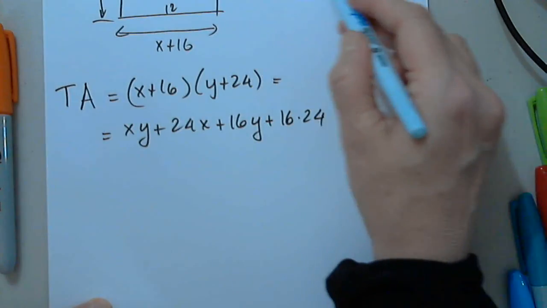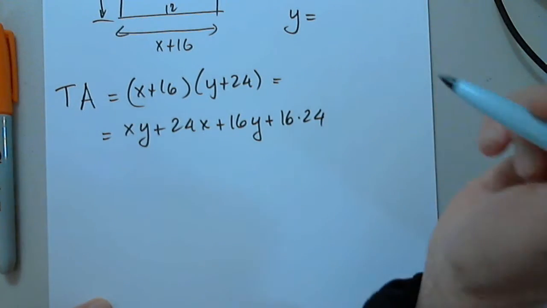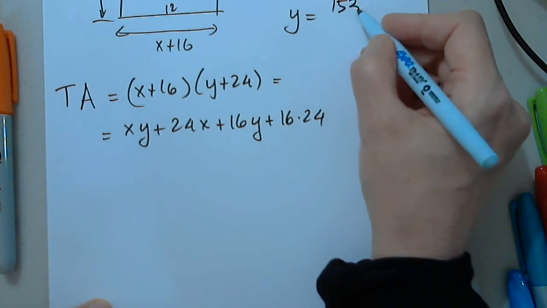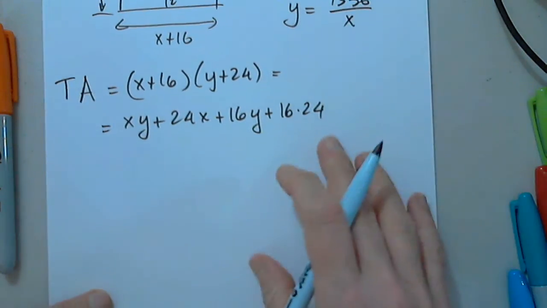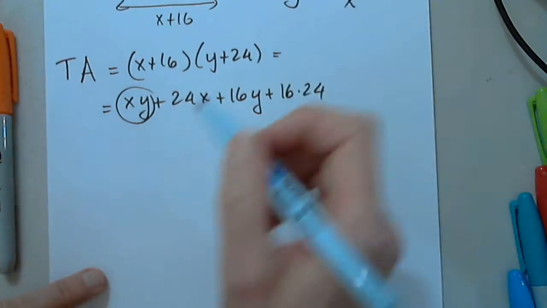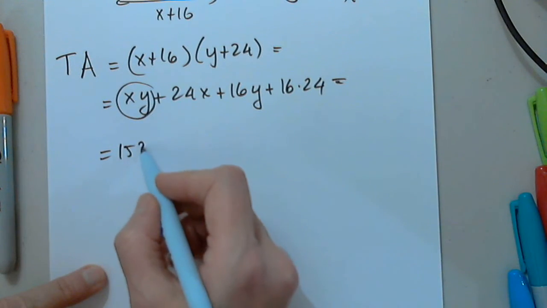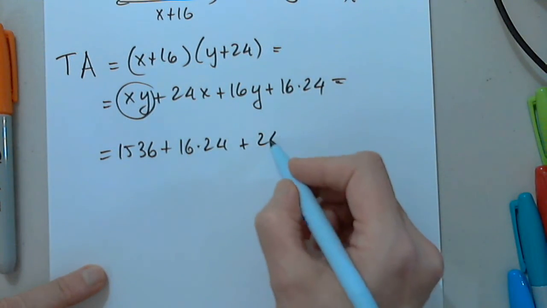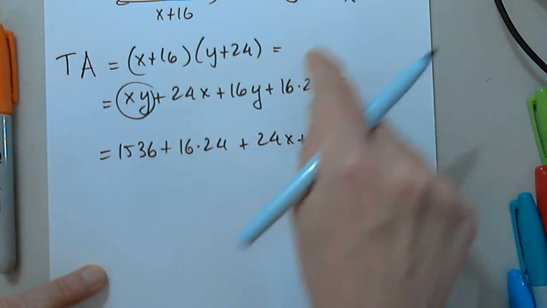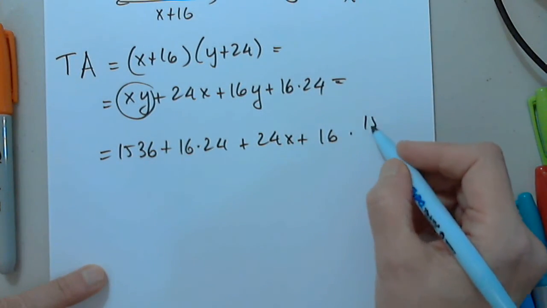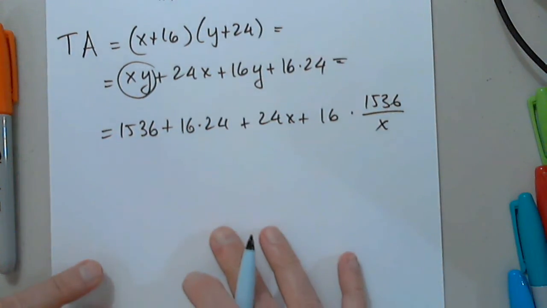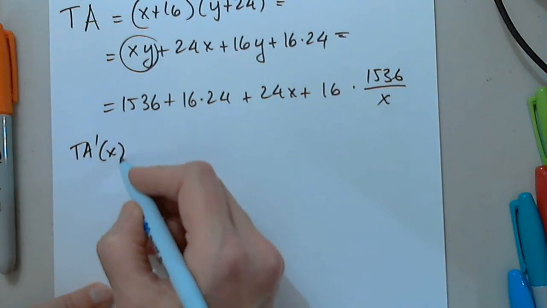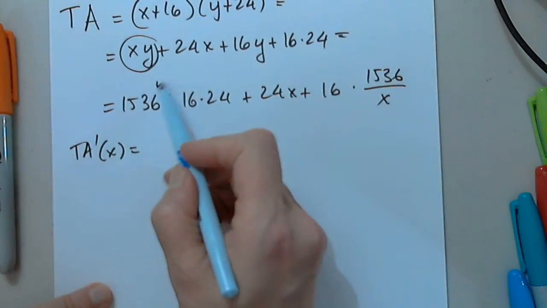So from the equation XY equals 1536, I will solve for Y, and I get 1536 over X. So this will be replaced: 1536 plus 16 times 24 plus 24X plus 16 times 1536 over X.